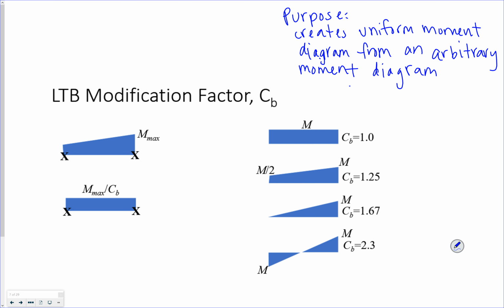We want a uniform moment diagram because a uniform moment means you have uniform compressive stress, which, within the compression flange, is what's causing that buckling in your top flange, causing it to laterally buckle. Let's write that down.